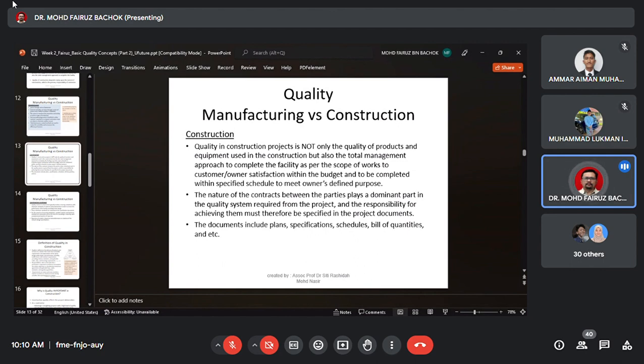Okay. Number 2 is the nature of the contract between the parties plays a dominant part in the quality system required for the project and suitable for achieving it, which must therefore be specified in the project document. Everything must refer to the project document. If you want to know, is it doing the right thing in the construction site or not? Is there any problem over delay or over budget?